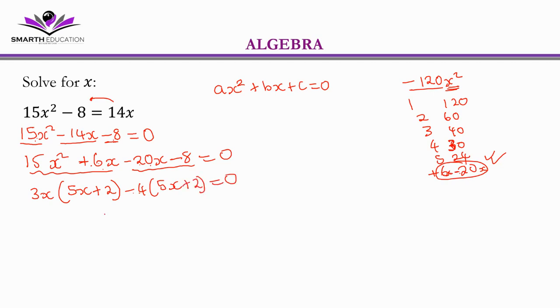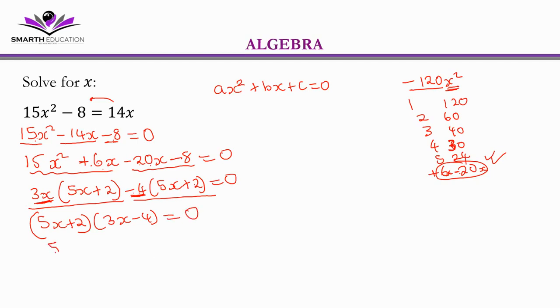It's equal to 0. So we have two terms here, and 5x plus 2 is a common bracket. We can factor it out: 5x plus 2. And then these two will form our second bracket. That's factorization. A quicker way of doing it, just take this one and this term and form your second bracket. Then 3x minus 4 is equal to 0.